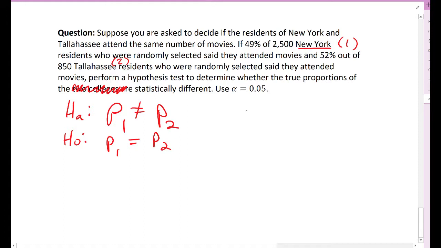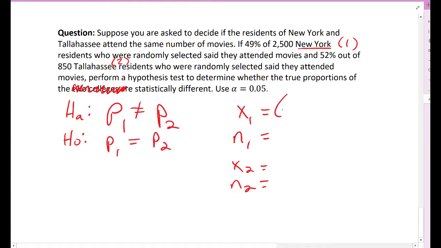All right, let me come over here. Need an X1, need an N1. Also need an X2 and an N2. Okay, 1 is New York. So 49% of the 2,500 residents in New York said that they attended the movies. So that means that X1 is 49% of 2,500.